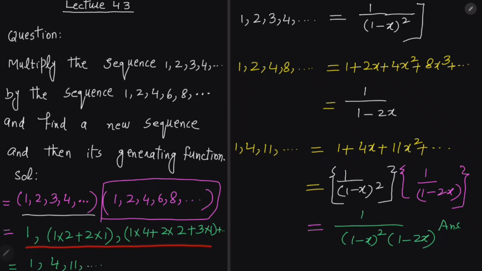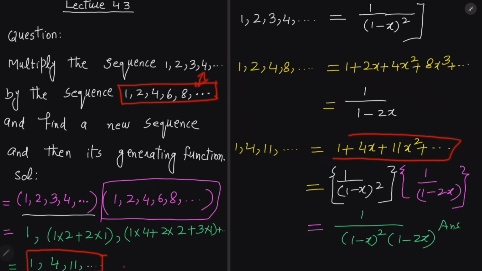Simply write the first sequence as a power series in x, and write the second sequence as a power series in x. Then multiply these together and you will get the coefficients given over here, 1, 4, 11. That is already written over here. You will get the answer like this.